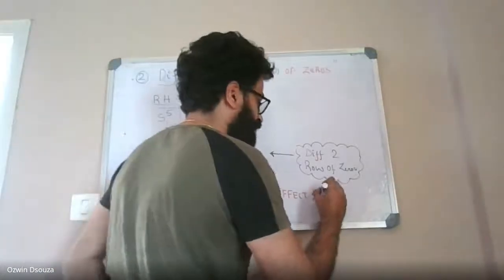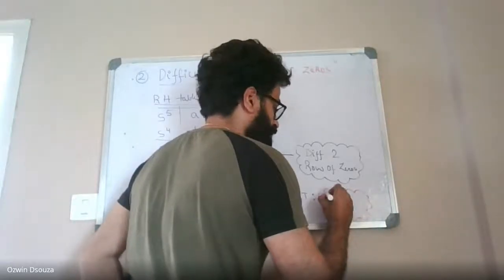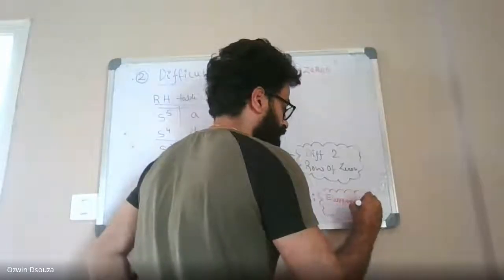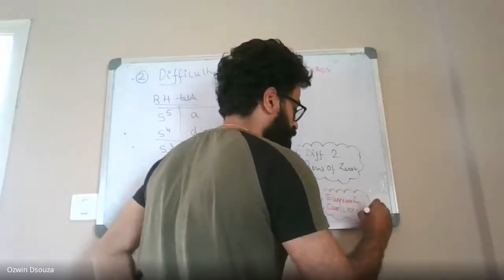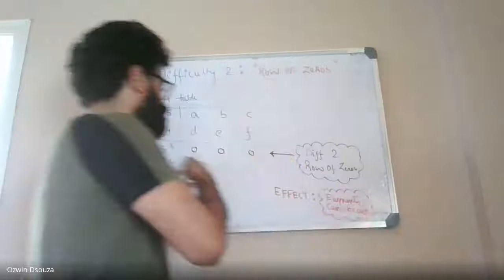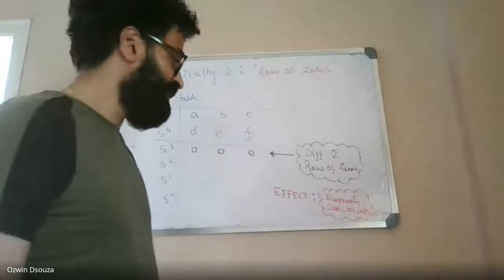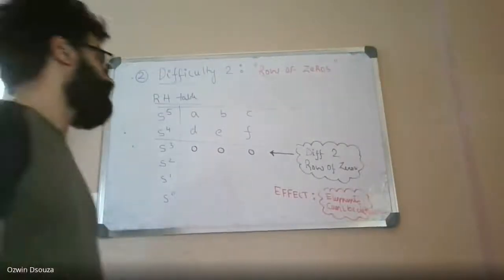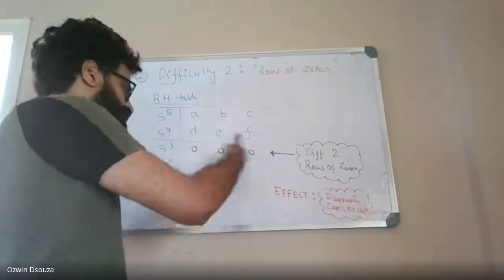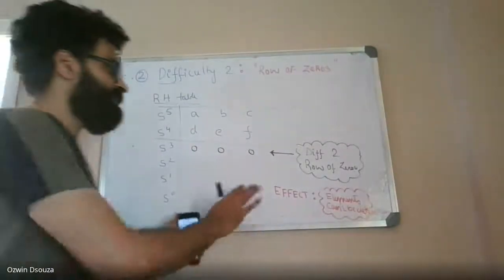So the effect is that the elements of the remaining rows cannot be determined. Okay, so this is the problem. Eventually, the method fails because you will not be able to find the remaining elements. So this is the difficulty.